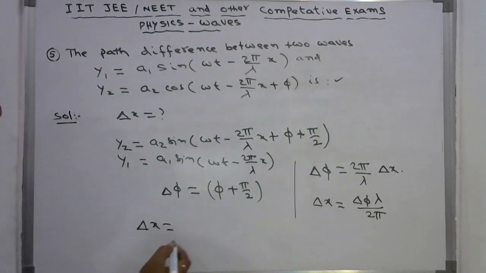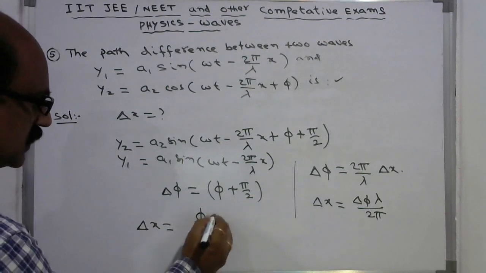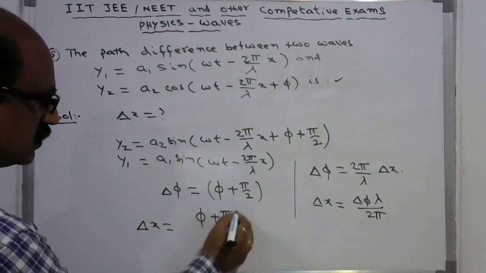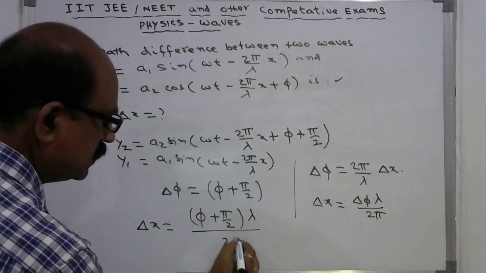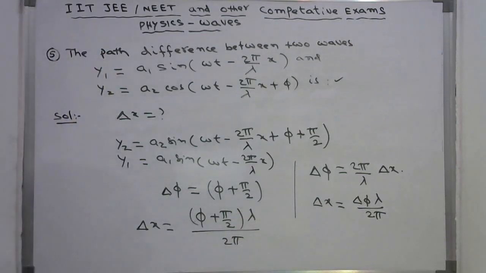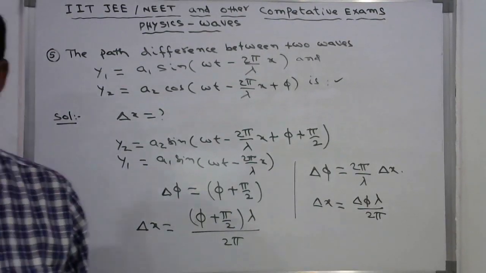Delta phi is given as phi plus pi by 2, so delta x is equal to (phi plus pi by 2) into lambda by 2 pi. This is the path difference between the two particles. Let us go to the next problem, the sixth problem.